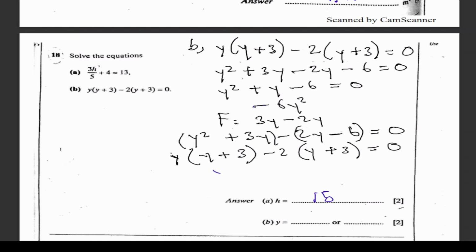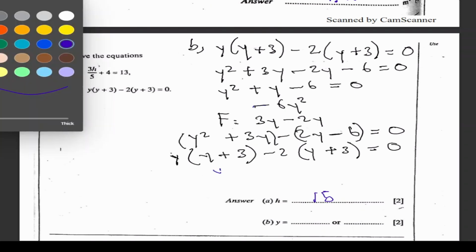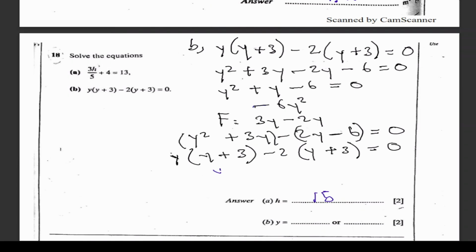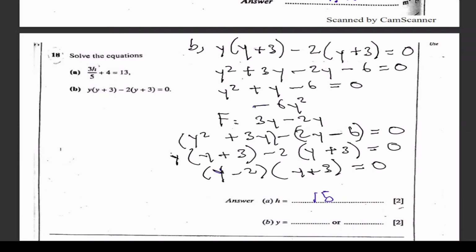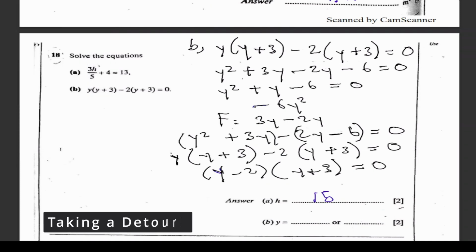Then you just gather y minus 2, these outsider terms, y minus 2, and also y plus 3 is equal to 0. We are only left with one step and stage to conclude, but let us take it deeper because of what we want to do here.